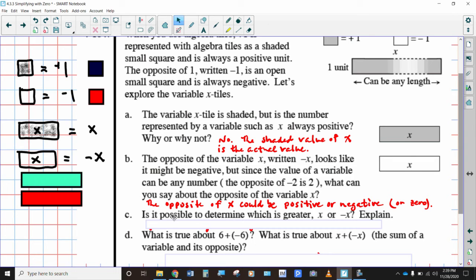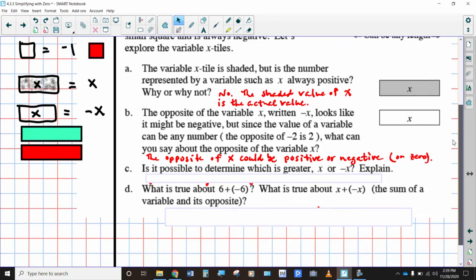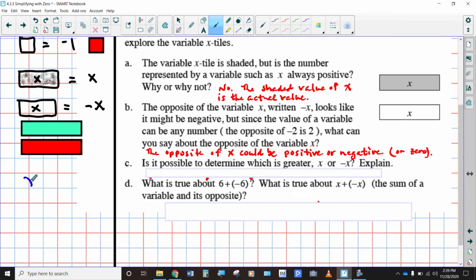Okay. So is it possible to determine which is greater, x or -x? Well, that's interesting. Let's think about this for a second. If you've got x or -x, if x was equal to 3, this would be equal to -3, correct? And so that would mean 3 would be greater than -3, so x would be greater than -x.